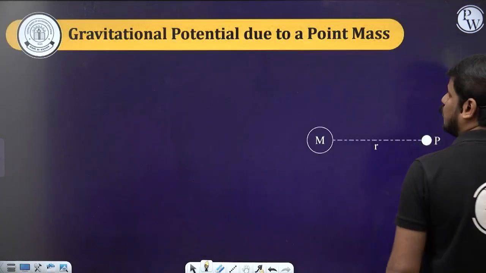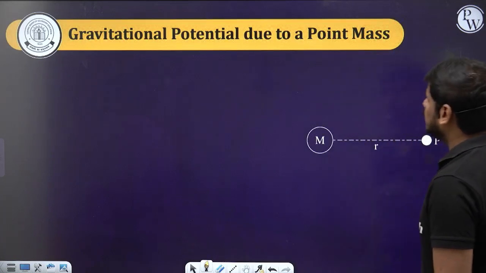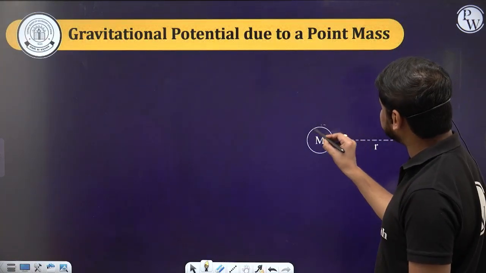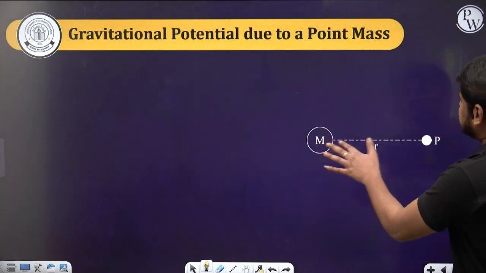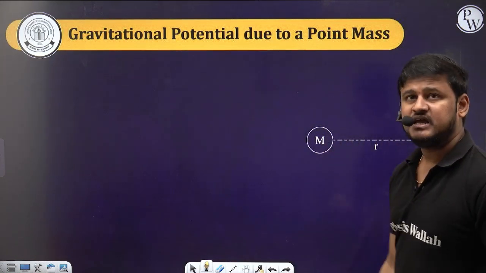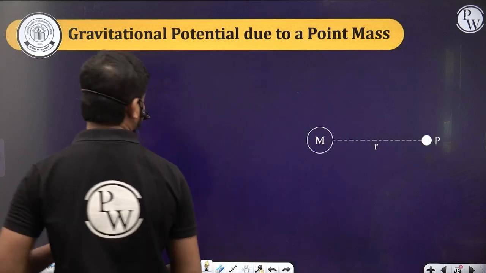Now, what is the gravitational potential due to a point mass? This is a point mass m. At a distance r, at this point P, we have to calculate the gravitational potential.